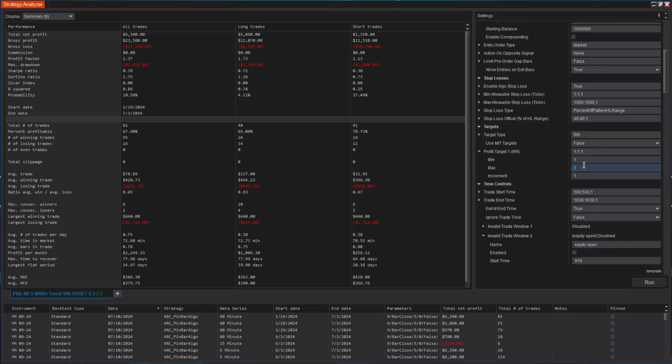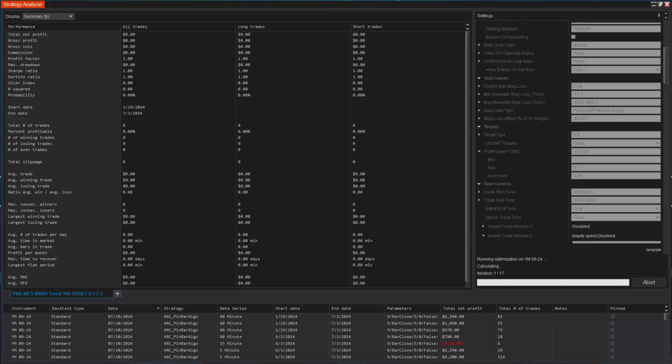I'm not going to go any smaller than 1-to-1 on a high time frame like that. So we can go up to 5-to-1. Let's go by 0.25s. Let's see what that comes back at.